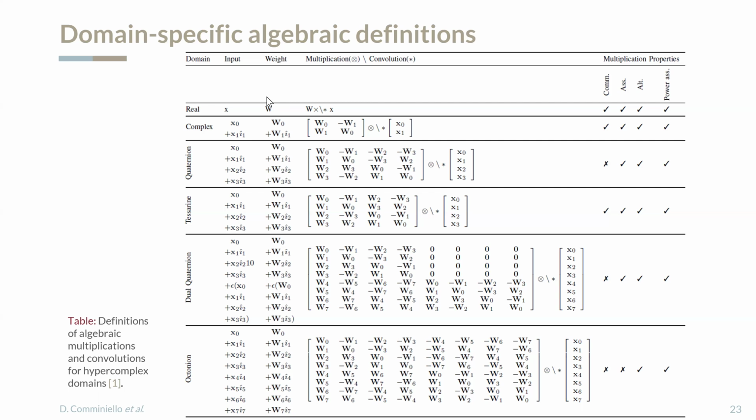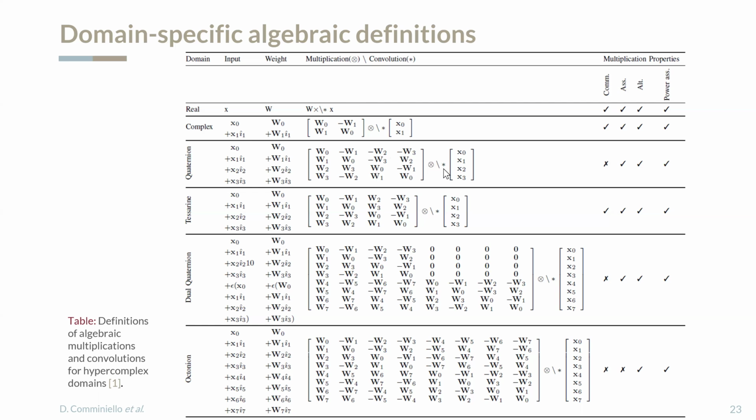Okay, so when you lose commutativity or associativity, the fact is that, of course, you cannot consider the multiplication as it is, but you need to do some further steps. So you need to redefine the multiplication, and so you need to assemble the multiplication table according to the properties.